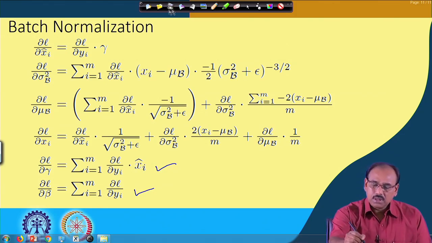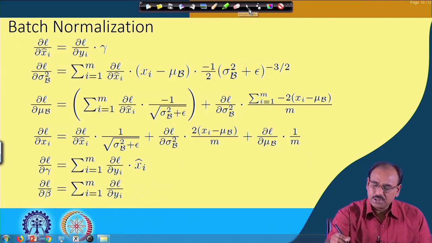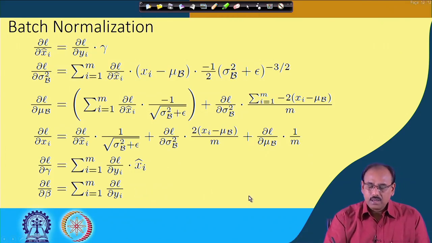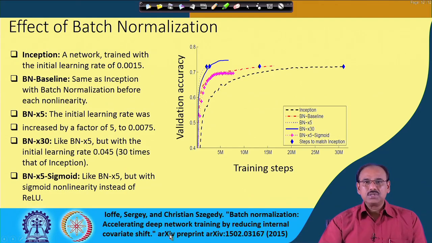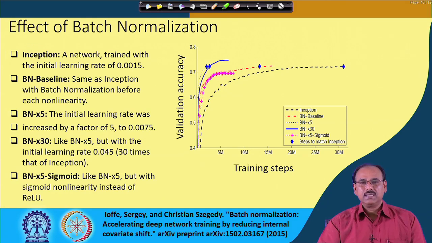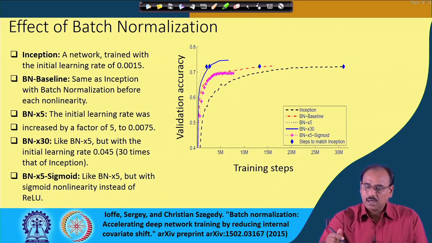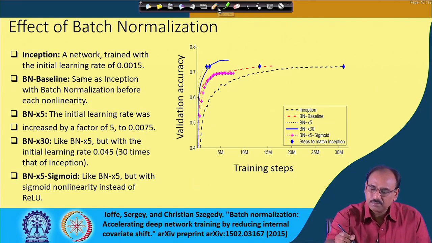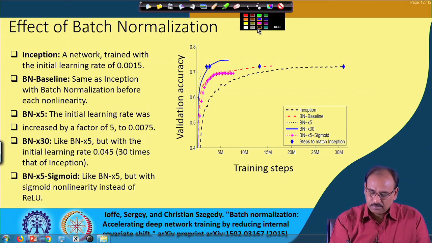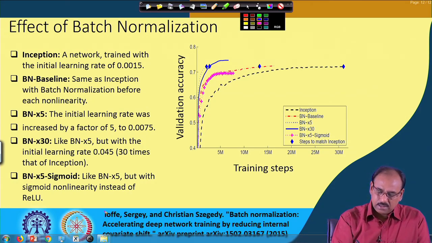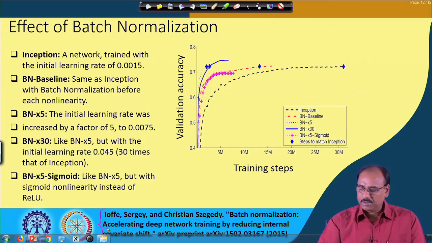Now let us talk about the other normalization procedure. And this is where what we have shown is the effect of batch normalization. This is an experimental output given in this particular paper.